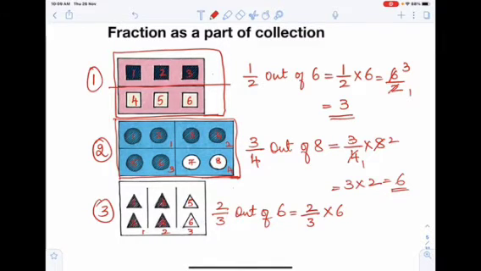So this is 3 1 times, 3 2 times, 4, you can cancel it. Okay, 2 2s are 4. So 4 parts is being shaded here. Did you get it? Okay, then we shall move on, children.